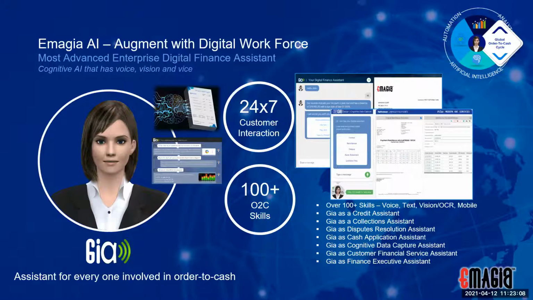And we have embedded this as part of the system in every walk of it. As an example, when you're sending a letter to the customer, Gia is embedded in the letter to take the conversation forward with the customer to see if there is a problem with this particular invoice.